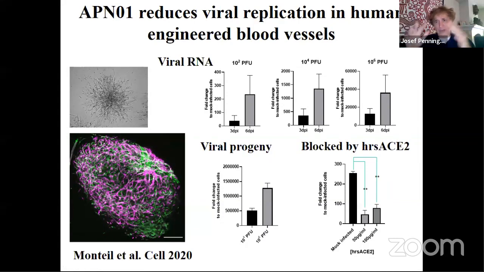As we know now, COVID-19 starts in the lung, in the nose, goes deep down into the lung. If it spills out, it can infect other tissues. But to infect them, it needs to go around in the blood and has to infect the blood vessels to get into the tissues. To make it short, again, we can infect the blood vessels, we can find viral progeny, and again, we can block it with human recombinant ACE2.